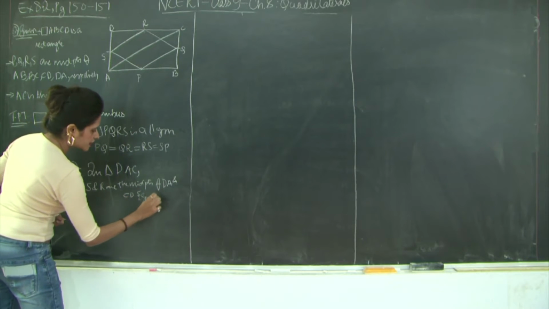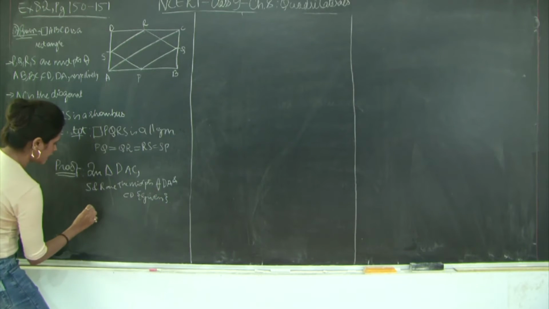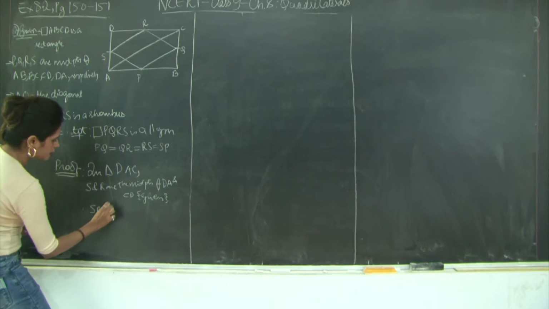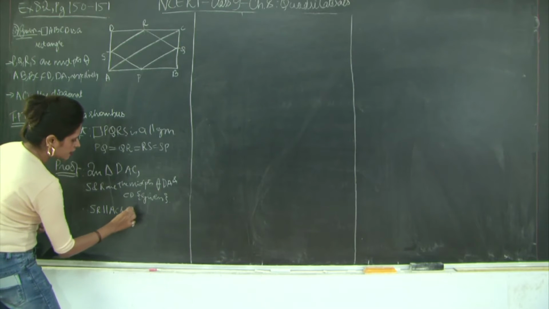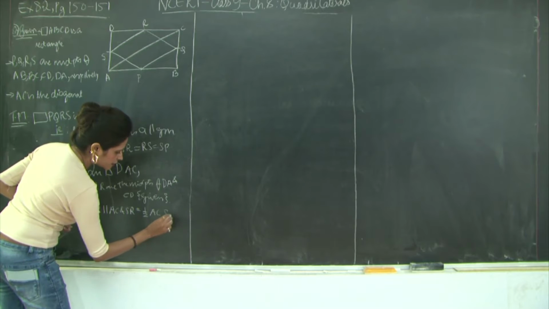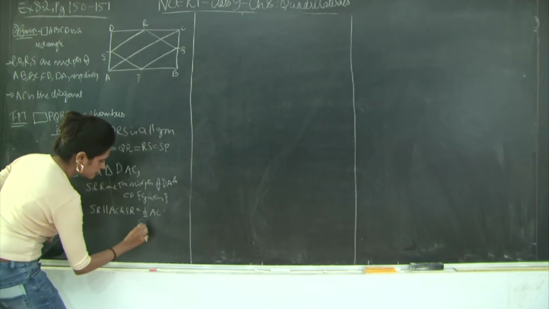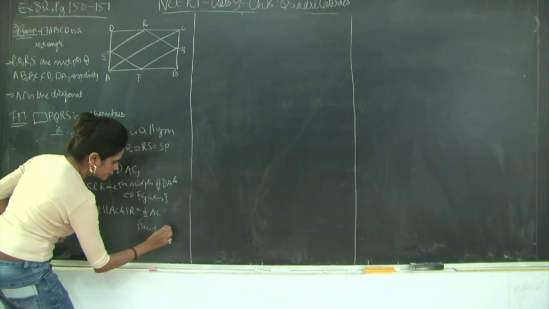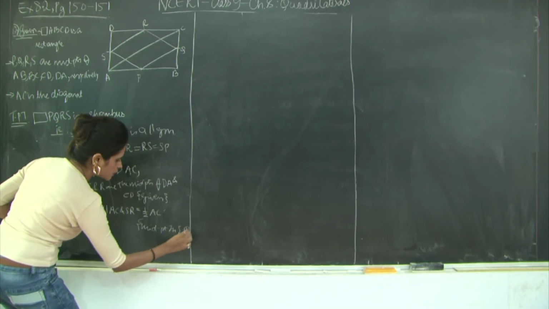Both are given points, right? Therefore, I have SR parallel to AC and SR is equal to half of AC. Why? I'll say midpoint theorem. Let's write this here. Theorem, and let's mark this as 1.